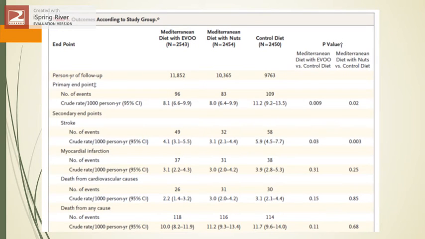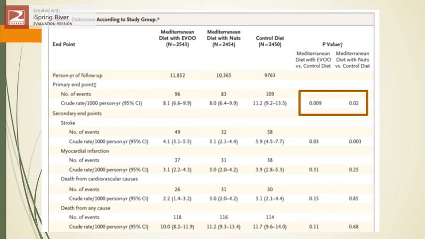And so these are the results. And so if you look at the primary endpoint, which was heart-related disease, some heart-related incident, a negative incident.